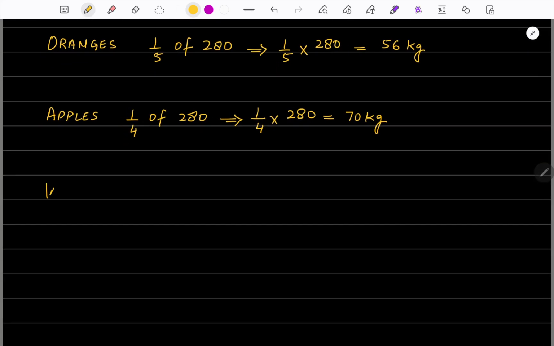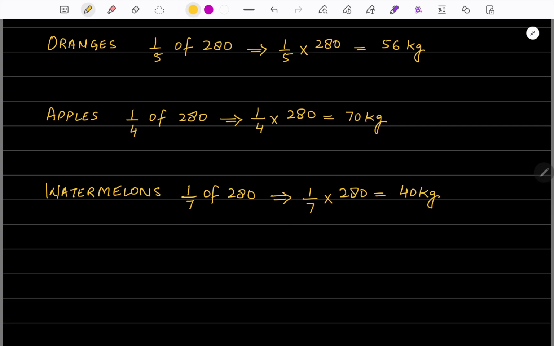So now we write watermelons, 1 by 7 of 280. "Of" gets replaced by the sign of multiplication and we write 1 by 7 into 280. That brings us to the weight of 40 kgs here.